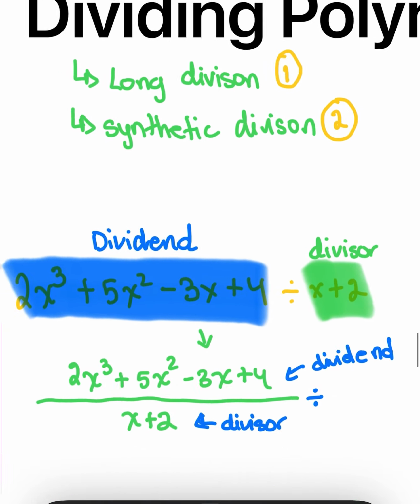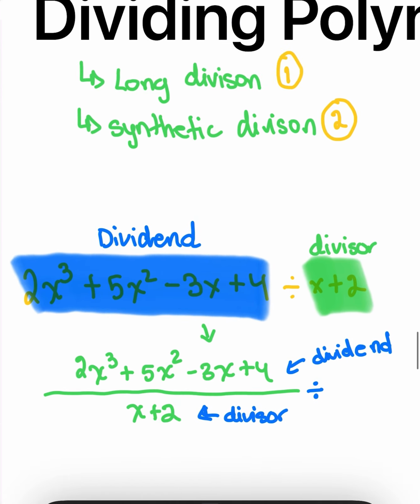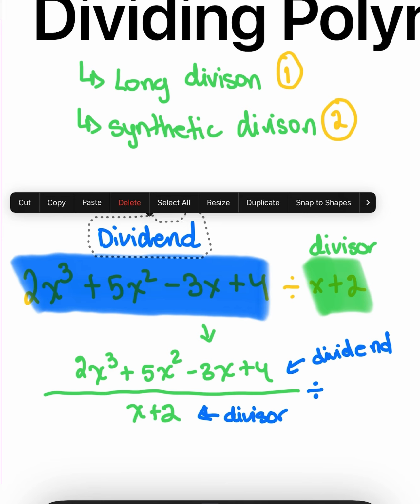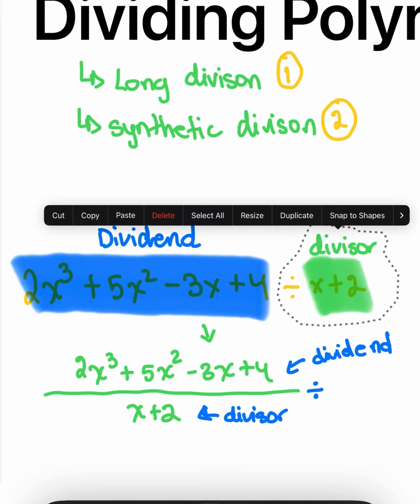Before we actually do some division questions, I really want us to be aware of common terminology. So just remembering, the piece before our division sign is called our dividend. The piece after our division sign is called our divisor. Okay?